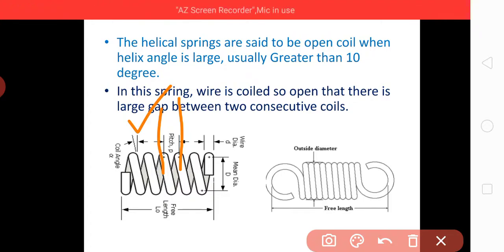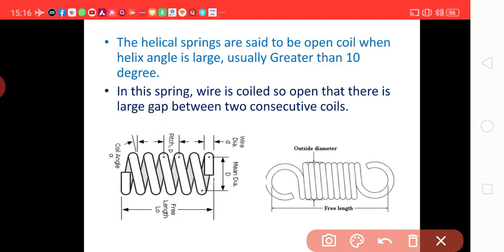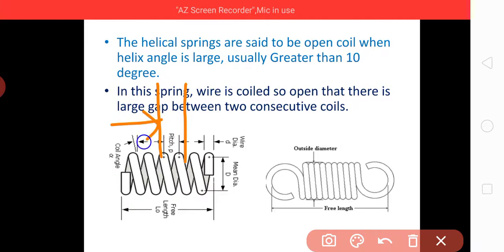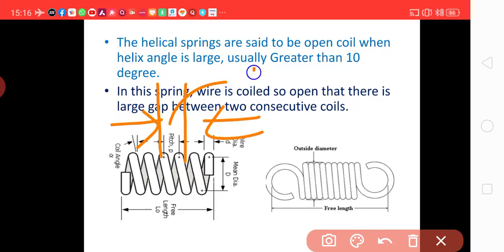Means there are two similar points on the ground and the distance between them is called pitch. Similarly, you can see carefully on the spring two similar points, and the distance between these two is called pitch.